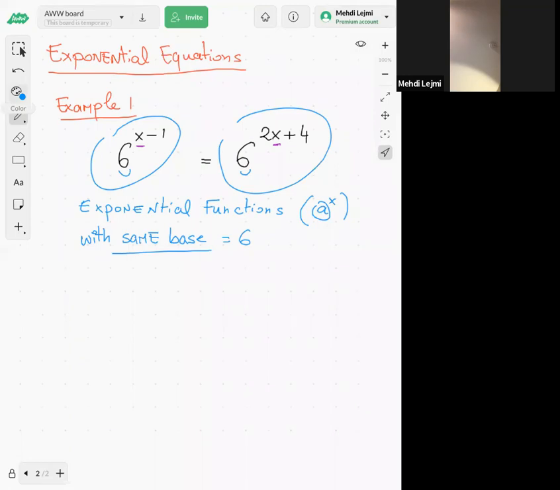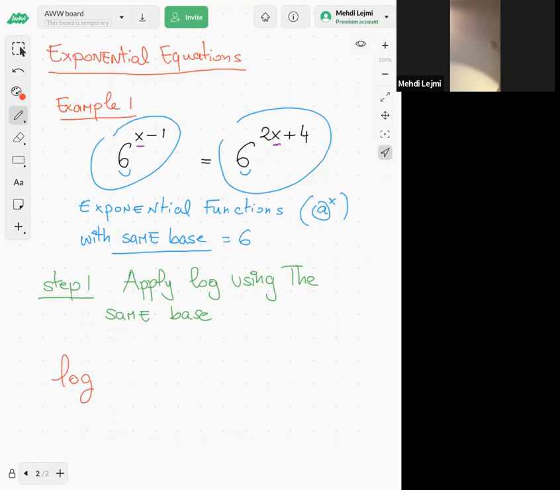So step 1: just apply the log using the same base. The base here again is 6, so I'm going to apply a log in base 6 on the left side and a log in base 6 on the right side.